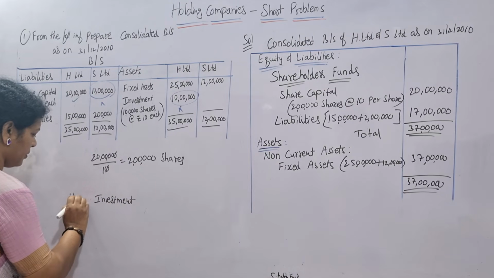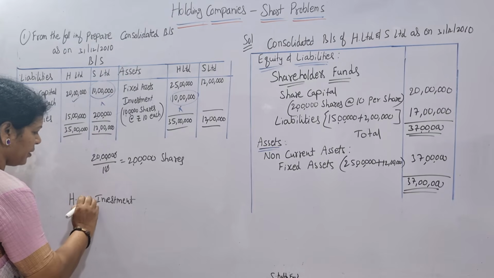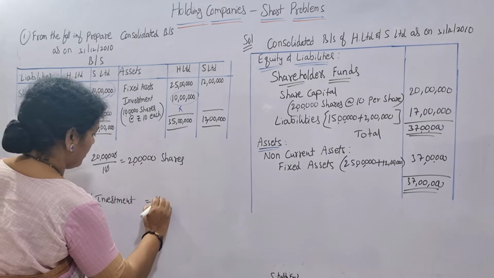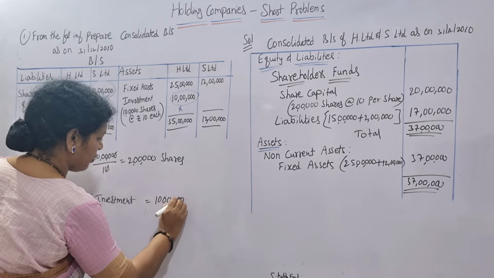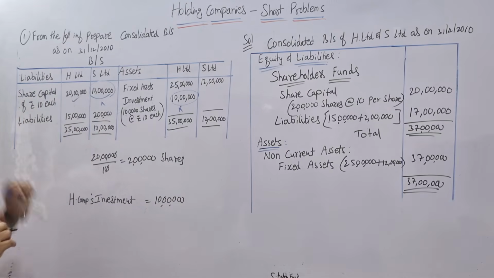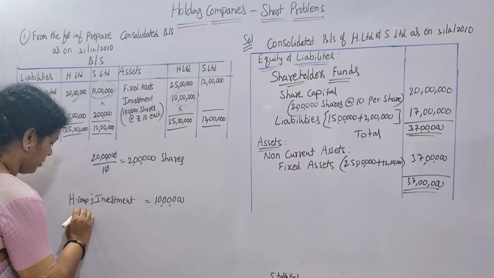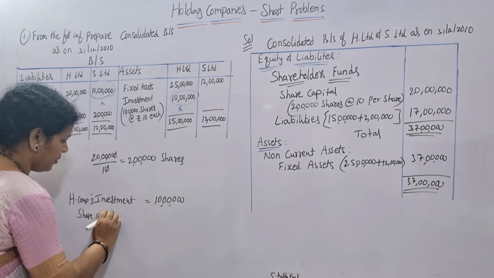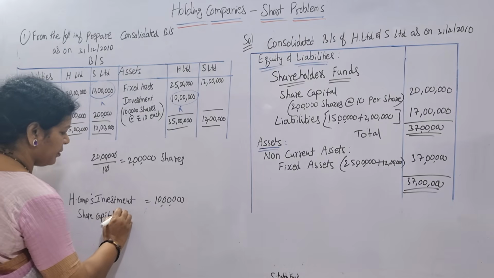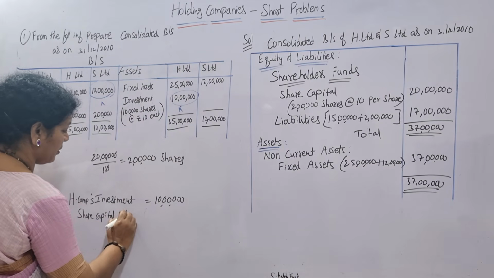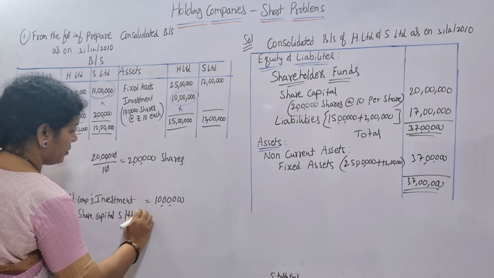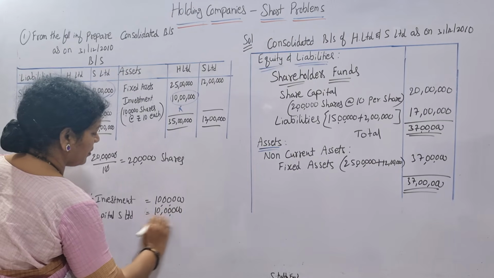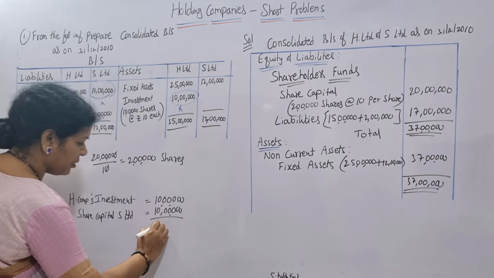The holding company's investment is how much? 10 lakh rupees, we are investing 10 lakh rupees. Whereas the share capital of S Limited is also 10 lakh rupees. So if you deduct it, this is nil.